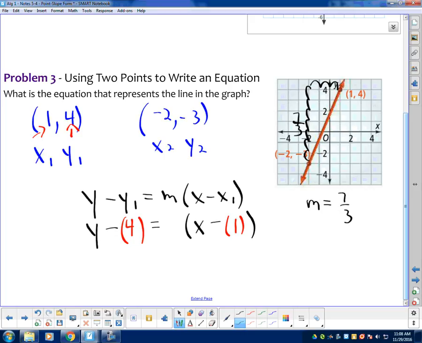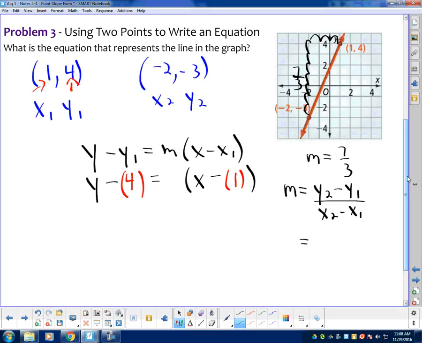That's using the picture, the graph, to find my slope. My other option for finding slope is to use our slope equation, and this would avoid having to draw the graph of the line by plotting the 2 points. I have m equals y2 minus y1 over x2 minus x1. So we'll do it this way as well.